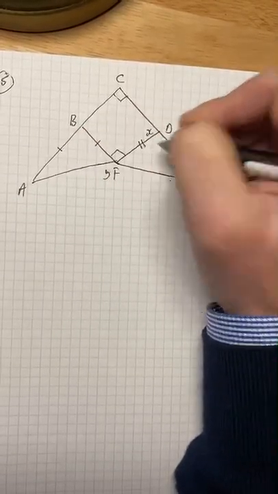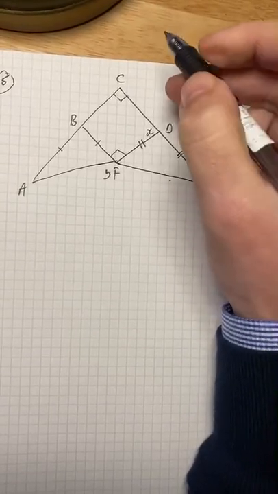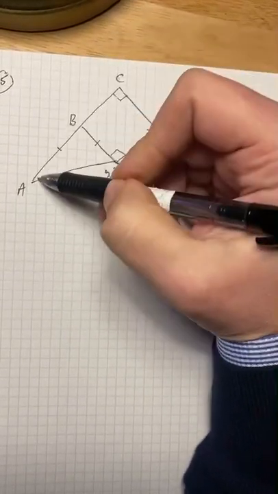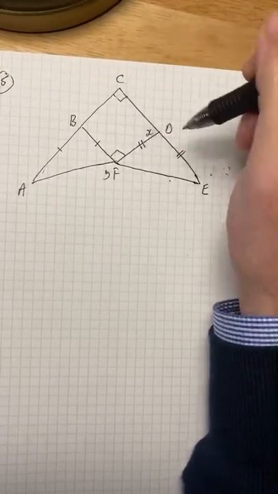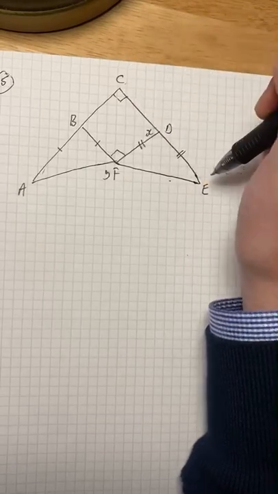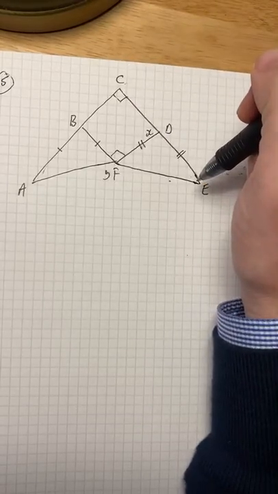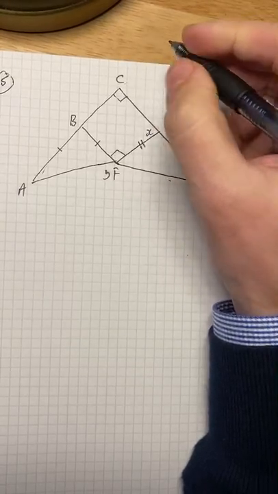These aren't necessarily the same, so we need to put them as slightly different. ABC is a straight line, fair enough. CDE is a straight line. Right angles we've put in, and X and Y we've put in.